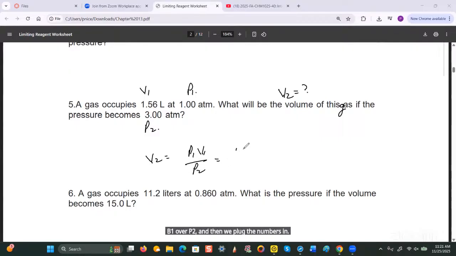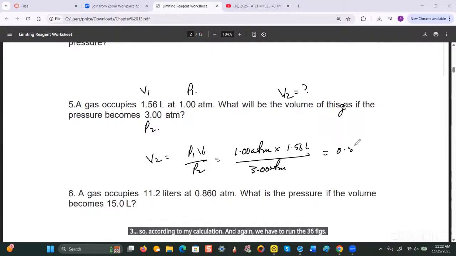So P1 is 1.00 atmospheres, multiplied by V1, which is 1.56 liters, all divided by P2, which is 3.00 atmospheres. That's basically 1.56 divided by 3. According to my calculation, rounded to 3 sig figs, I got 0.520 liters. That's how that is done.